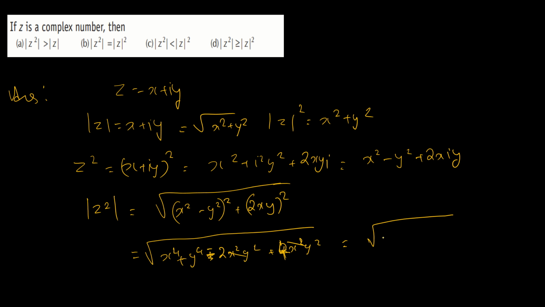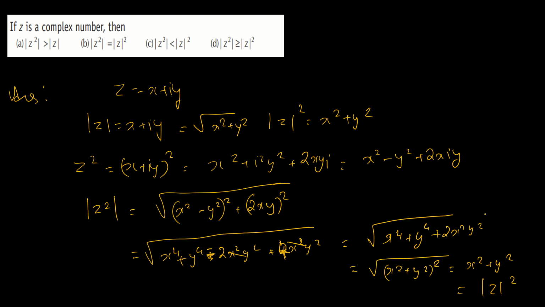It's 2. So we get root of x raised to 4 plus y raised to 4 plus 2x square y square. Isn't that the same as root of (x square plus y square) the whole square? So it's just equal to x square plus y square, which is equal to mod z the whole square. Therefore mod z square is equal to mod z the whole square. Do you have any answer like that? Yes, option B.